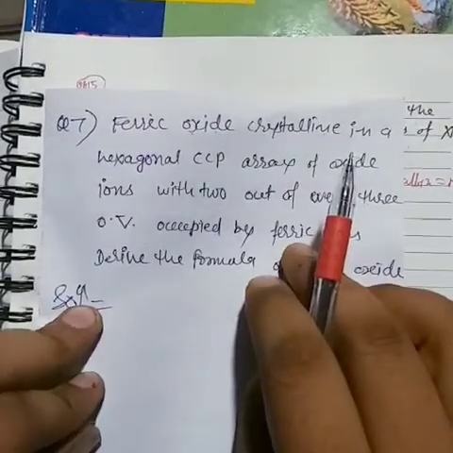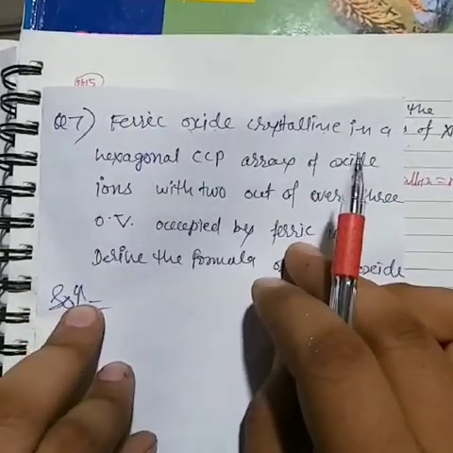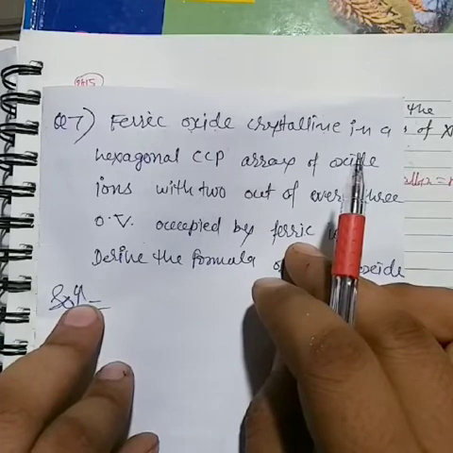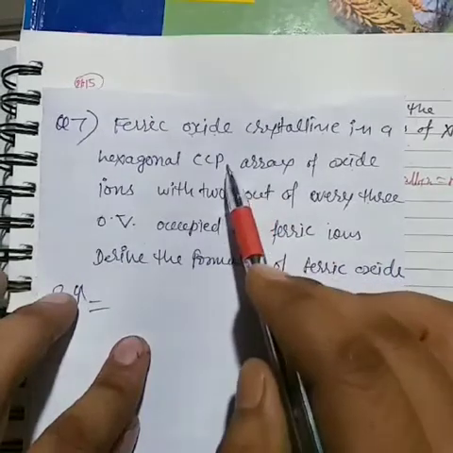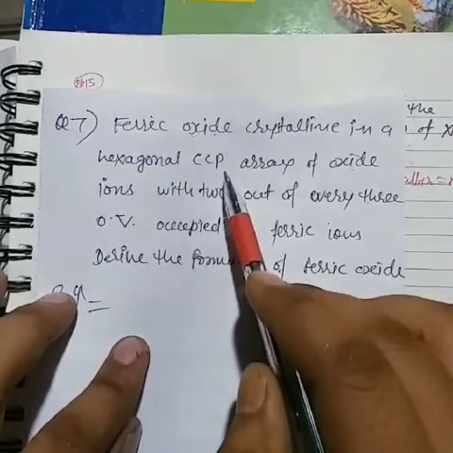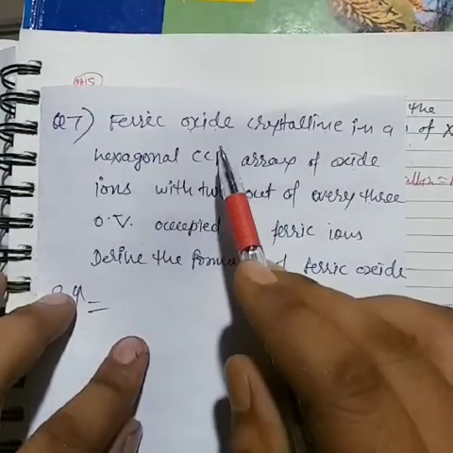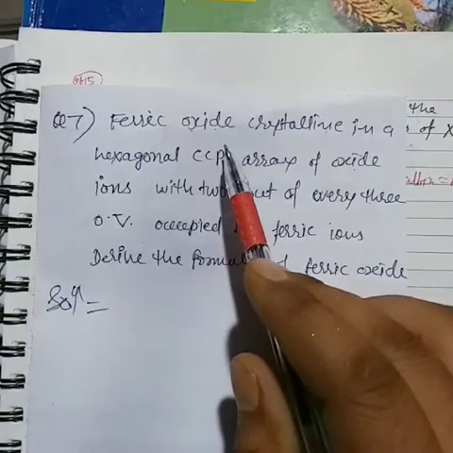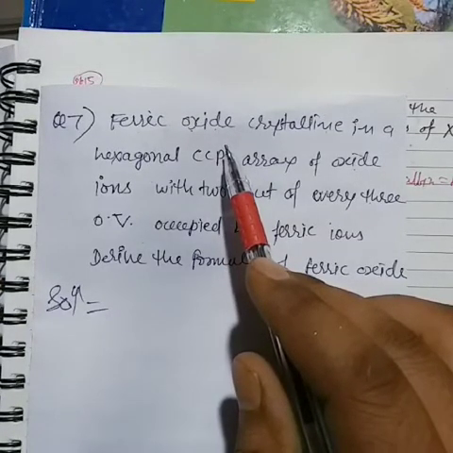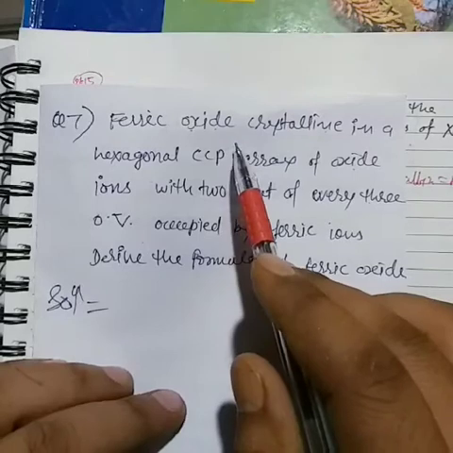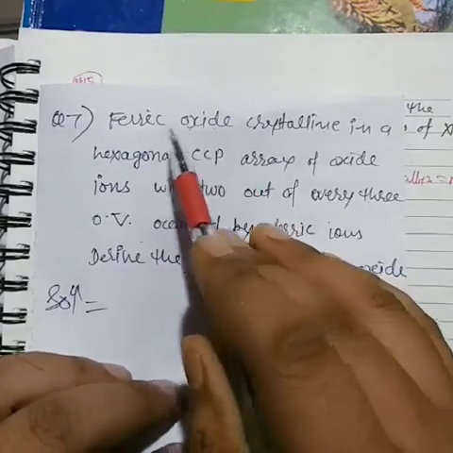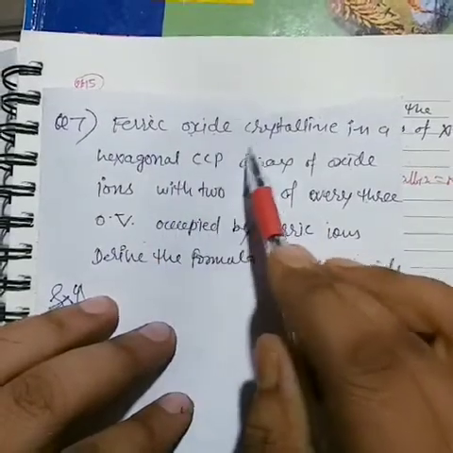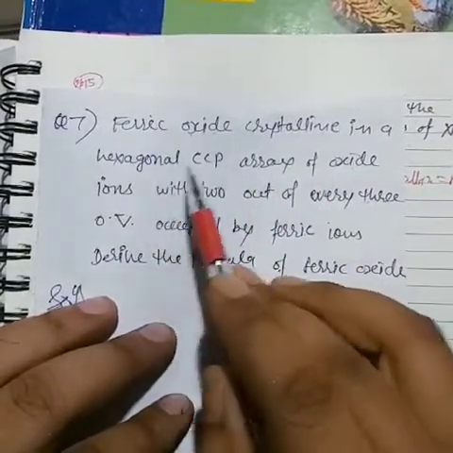Now I want to tell you students, this question is also a test yourself question, because I want to check how you coordinate yourself, and how you can imagine these questions. So once again, ferric oxide crystallizes in a hexagonal CCP.